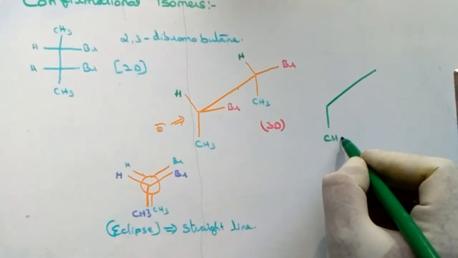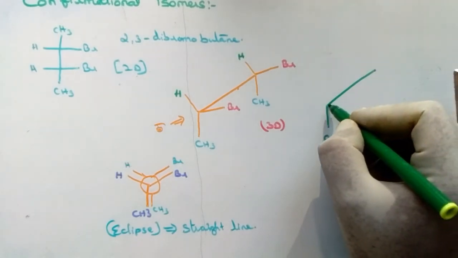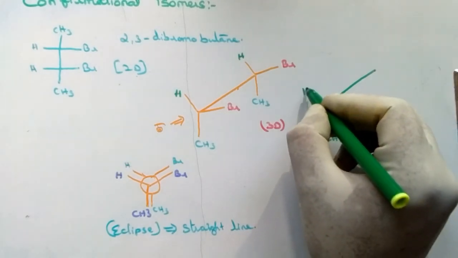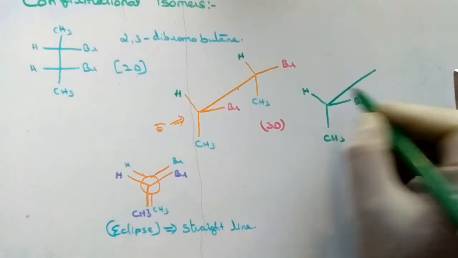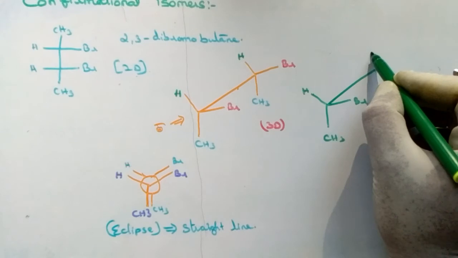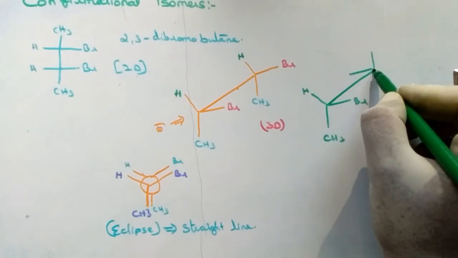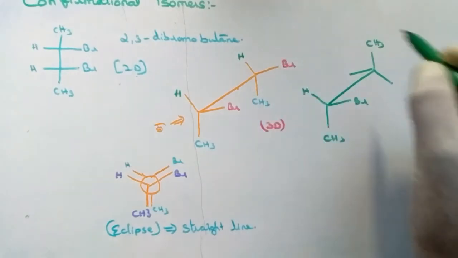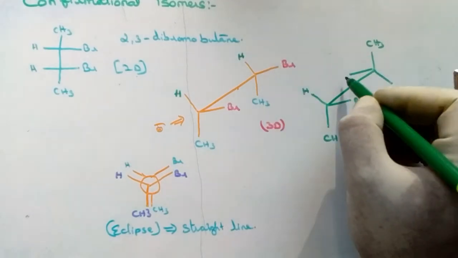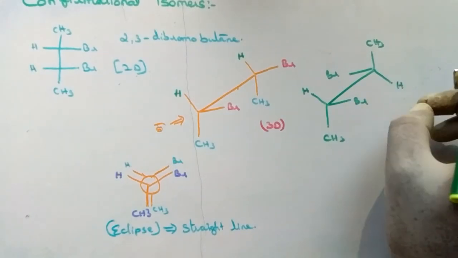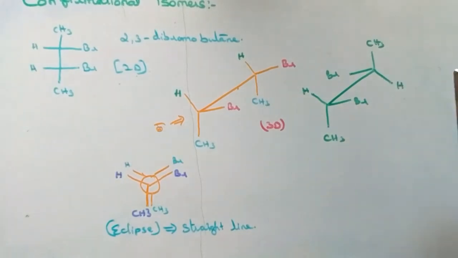Next we are going to see about staggered form isomers. So here the front carbon is unchanged, so the groups are also unchanged. But in the rear carbon, if the rear carbon is rotated 180 degrees anti-clockwise, then we will get a form like this. So CH3 will go upward and the remaining groups also change their positions.